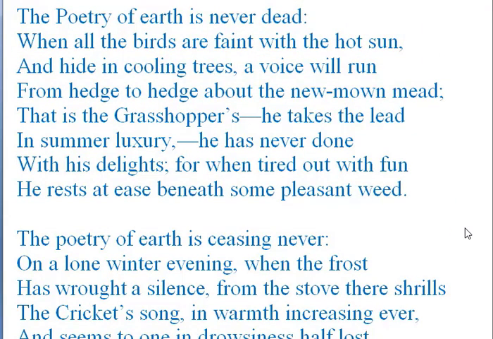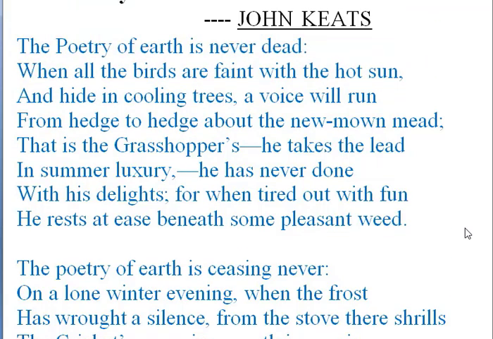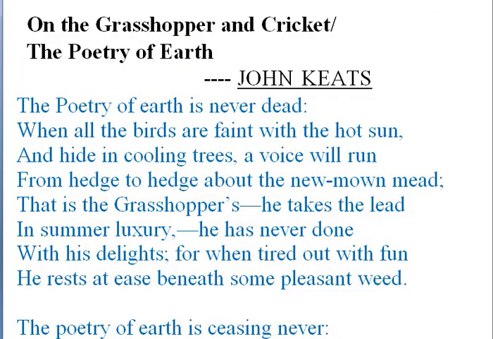The first stanza has 4 lines and the second, or rather the last stanza, has 6 lines. So it is evident that it's a sonnet, and this sonnet belongs to the Petrarchan category, where the sonnet becomes divided into 2 stanzas. The first 8 lines constitute a stanza called an octave, and the last 6 lines constitute the second, or rather the final stanza of the poem, called a sestet.